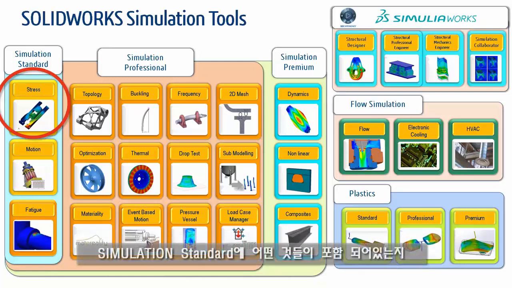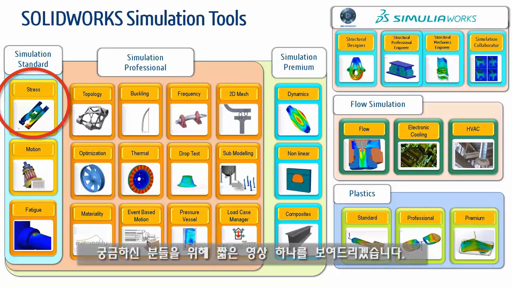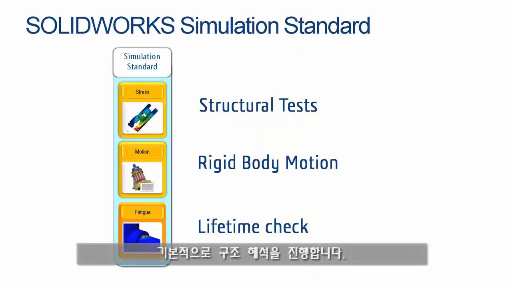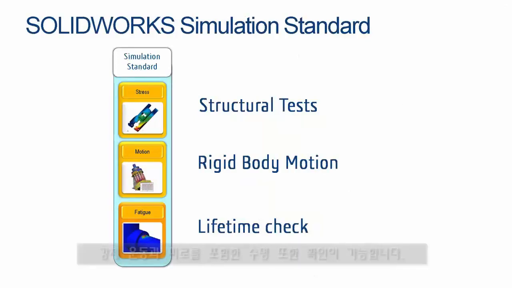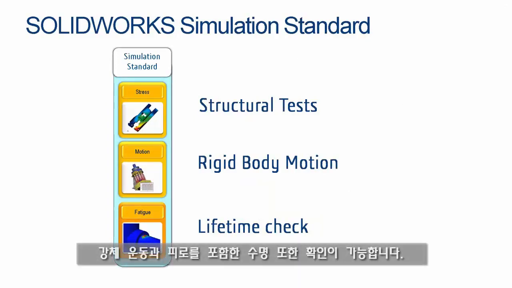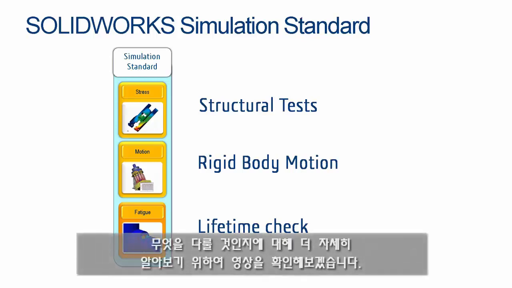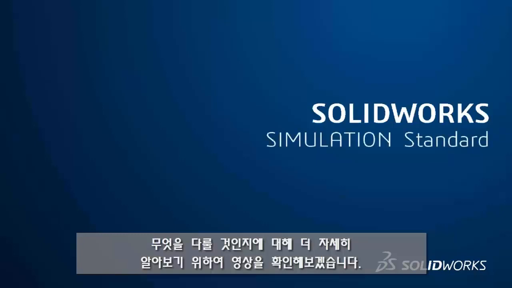Now, if you want to have a look a little bit at what is included in Simulation Standard, I want to play you a short video to show what it contains. So basically it is structural tests, it is rigid body motion and lifetime checks with fatigue. But let's have a look at the video to show more details of what we can do here and what we will cover.